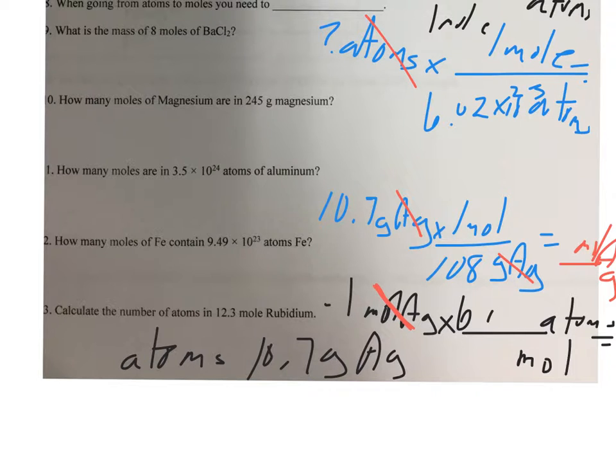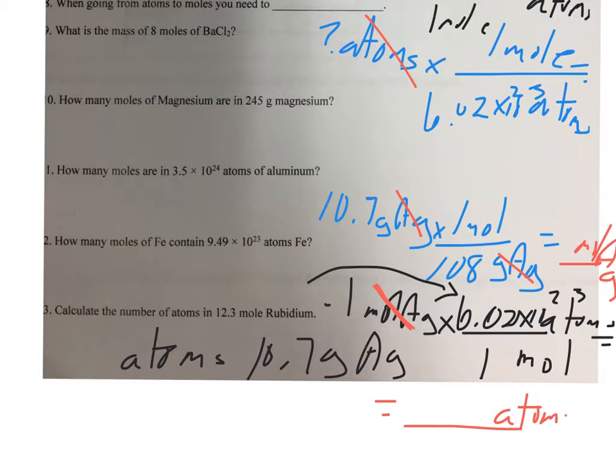Yep, 6.02 is going to be the atoms, right? That's Avogadro's number. And mole is going to have what? 1. So you're going to do the 0.1 times the 6.02 times 10 to the 23 equals, this is going to give you your answer for the atoms of silver.